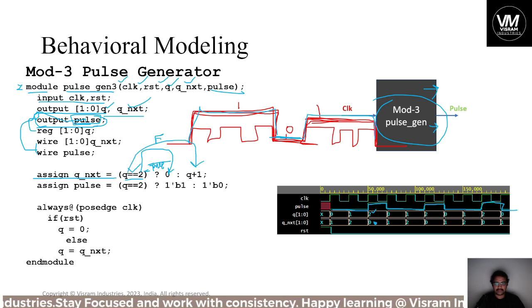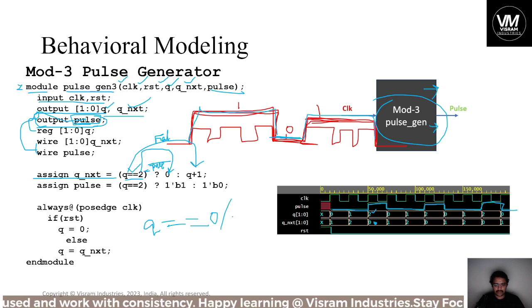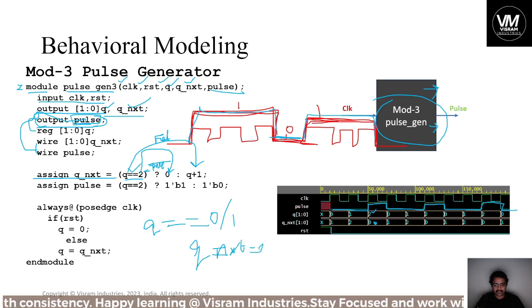That means if Q is equal to 0 or 1, then Q next is equal to Q plus plus.